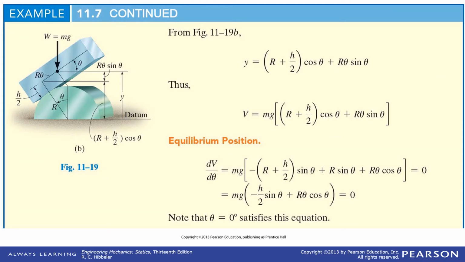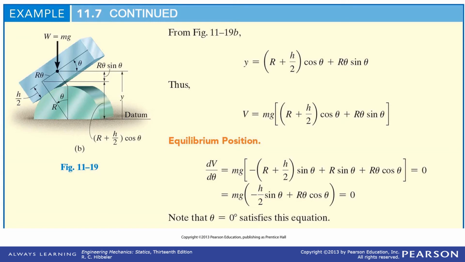Now, let's take a look at what happened. And I disagree with the book. This theta should be r sine theta, right? So it's this distance right here, which is r sine theta. It's not r theta.